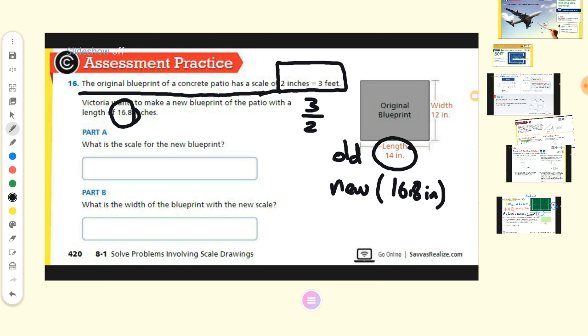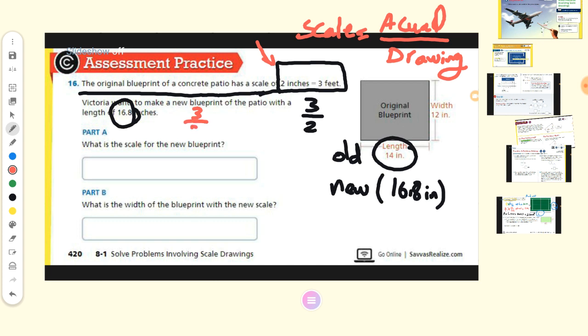And the scale equals what? We know that scale equals actual over drawing. But I don't have any actual here. So let's get the actual length from the old drawing. The old drawing has the ratio 3/2 equals the actual length over 14.